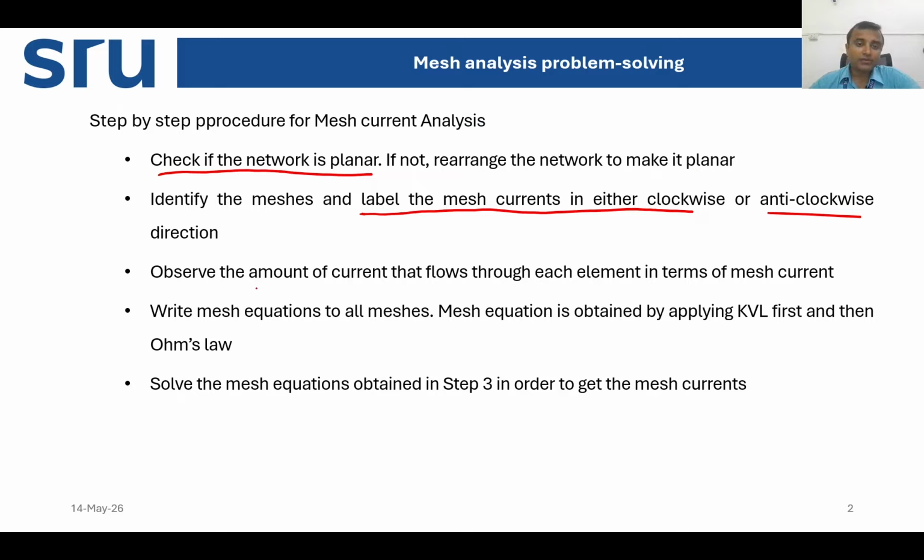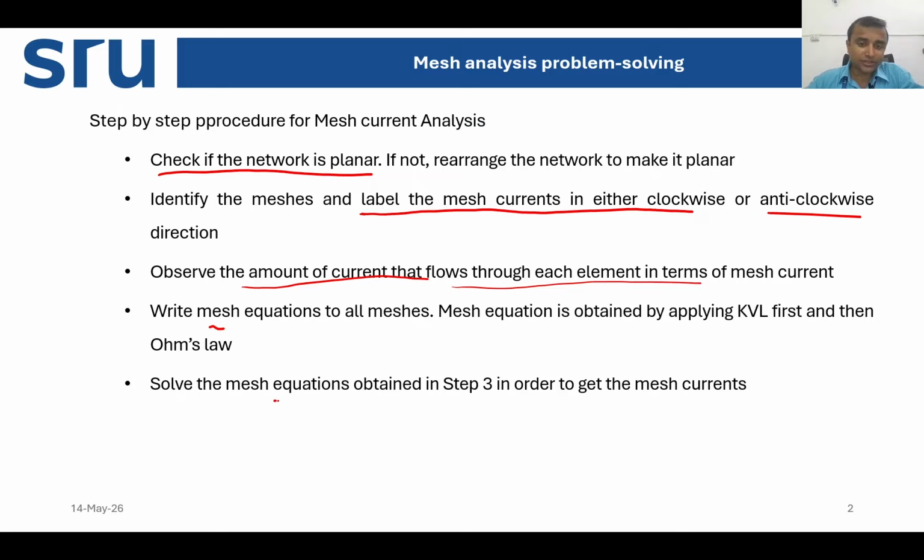Observe the amount of current that flows through each element in terms of mesh current. We'll give actual numbers, and then you can get an idea of what we are talking about. Then write the mesh equations, as we have shown in our previous video, by applying KVL first and then applying Ohm's law.